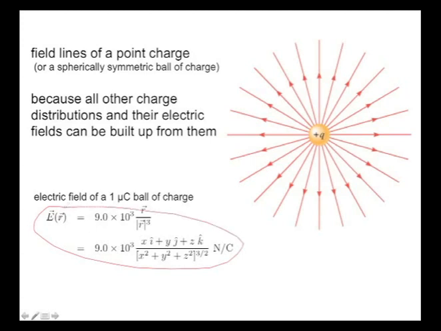It specifies the electric field at every point x, y, and z in the space surrounding this ball of charge. You can see that the coordinate system has been set up to have its origin at the center of the charge. Field lines are a two-dimensional representation of the electric field.